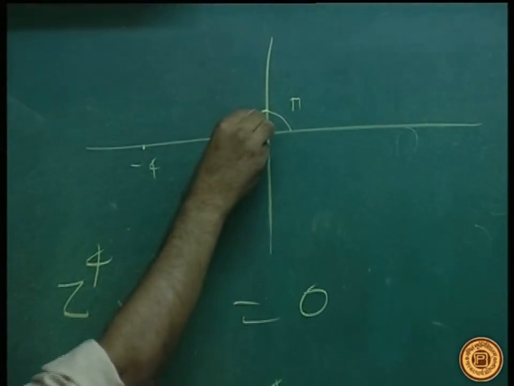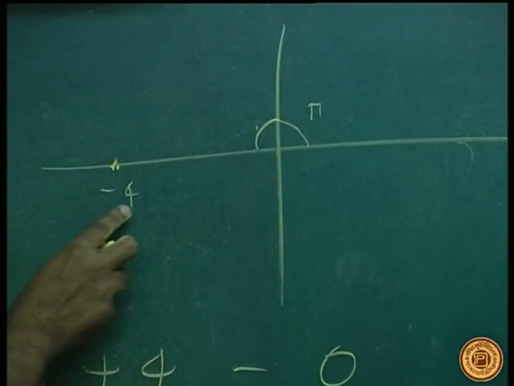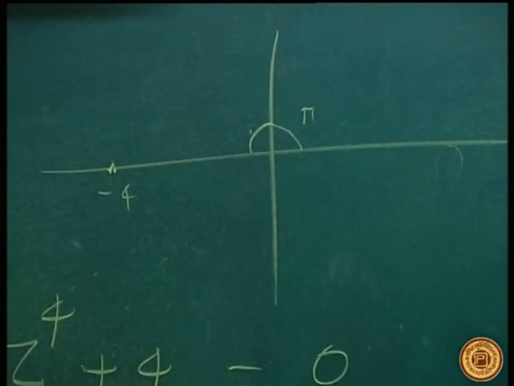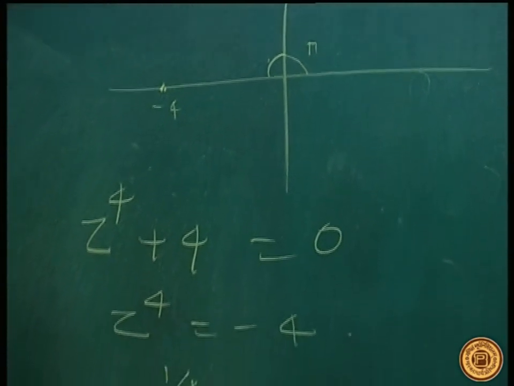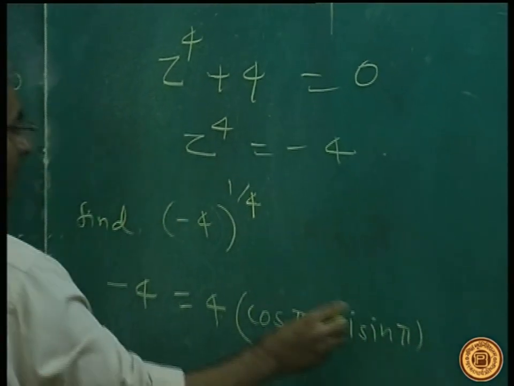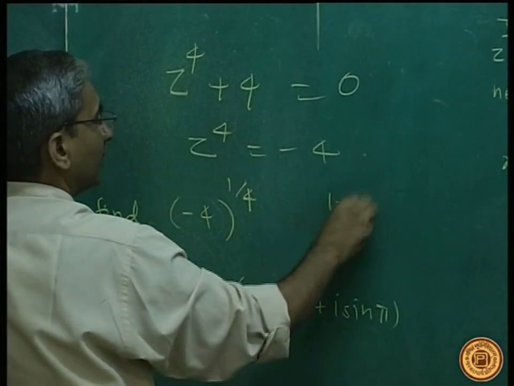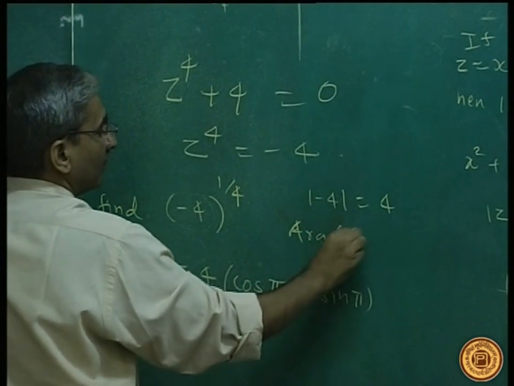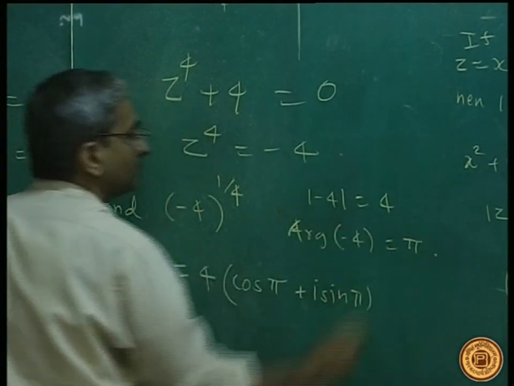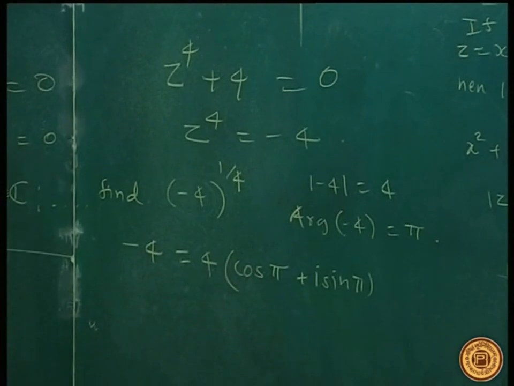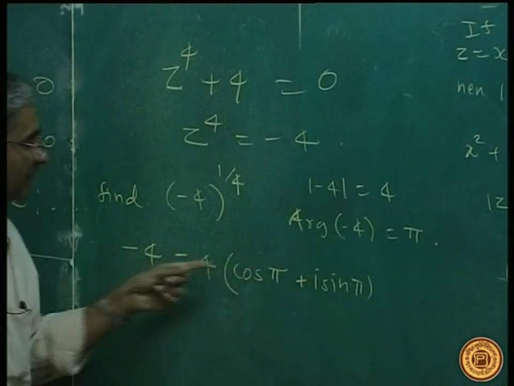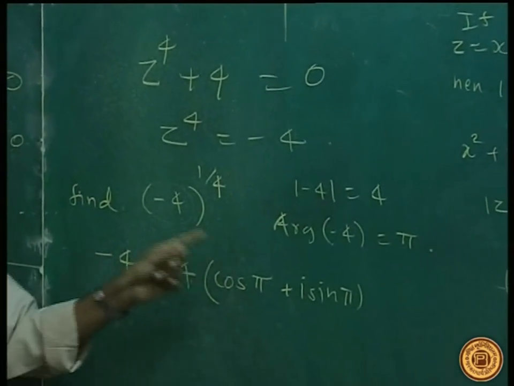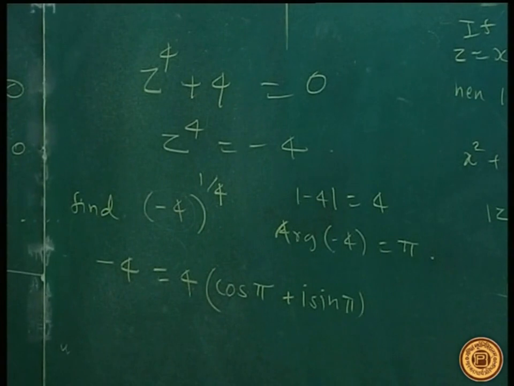This complex number, minus 4 plus I times 0, makes an angle pi with the positive x-axis. So, this is cos pi plus I sin pi. Mod of minus 4 is plus 4 and argument of minus 4 is pi. Actually this is an identity, cos pi is minus 1, so minus 4. You can directly check that this is correct.